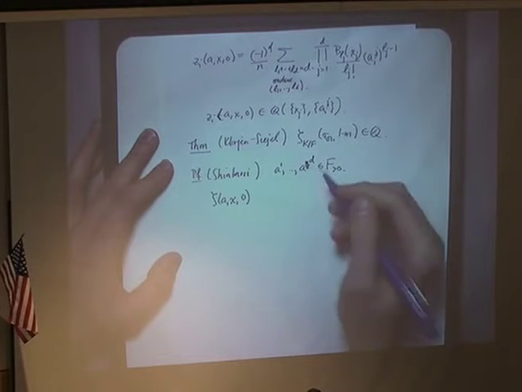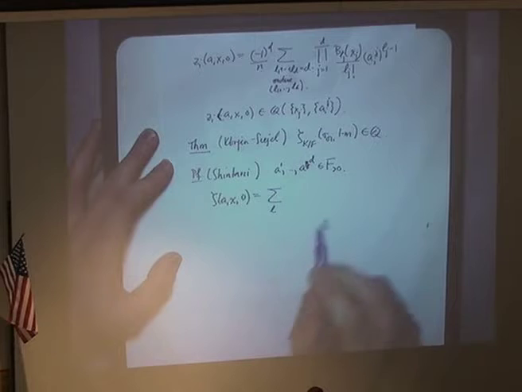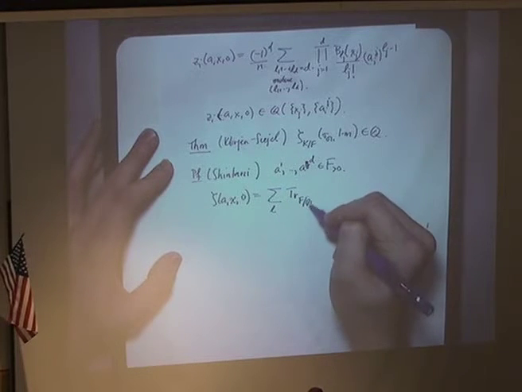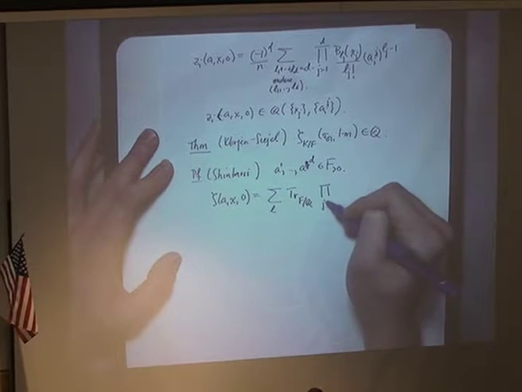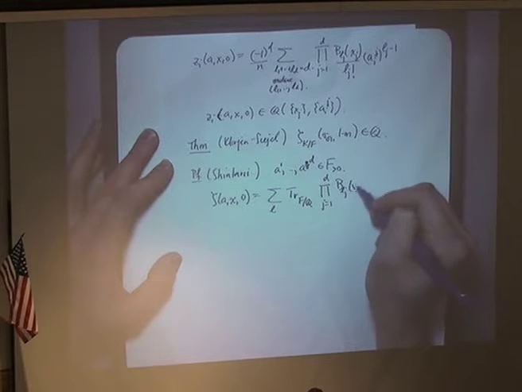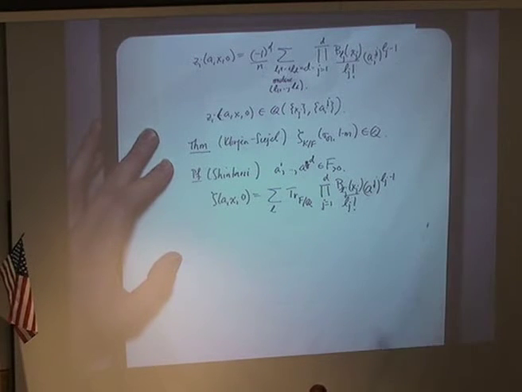What we get is the sum over these ordered partitions L of the trace from F down to Q of the following quantity, the product as j runs from 1 to d of B_{Lj}(xj) over Lj factorial times Aj to the Lj minus 1.